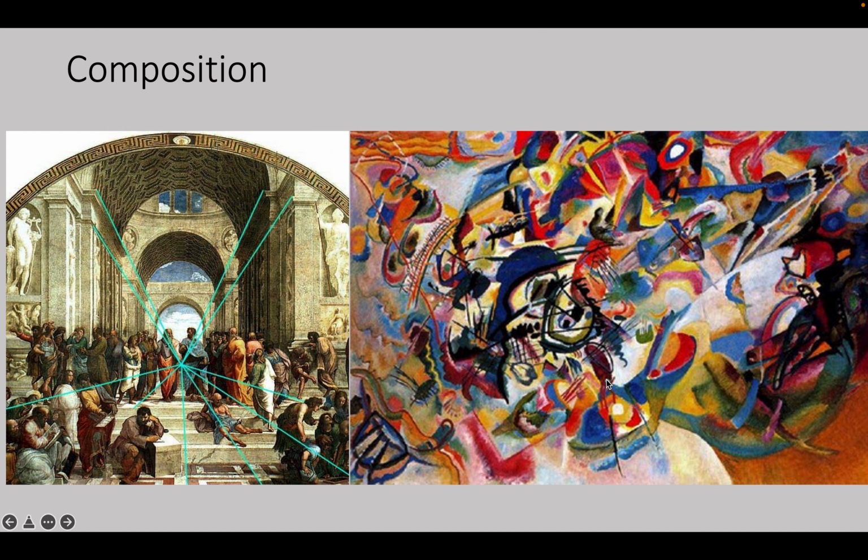The other thing about composition is how the artist is combining all the different elements together in the artwork. That could be this Kandinsky painting on the right, looking at all the different colors that he's using and how he's guiding your eye through the artwork. So I start on the left-hand side and then move towards the middle and then all over here.